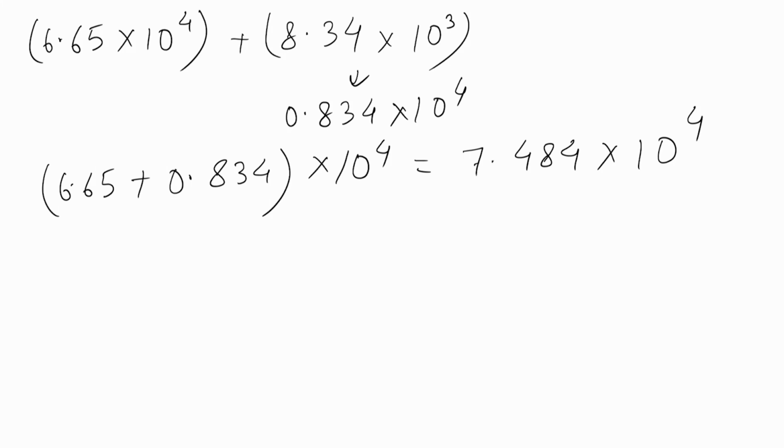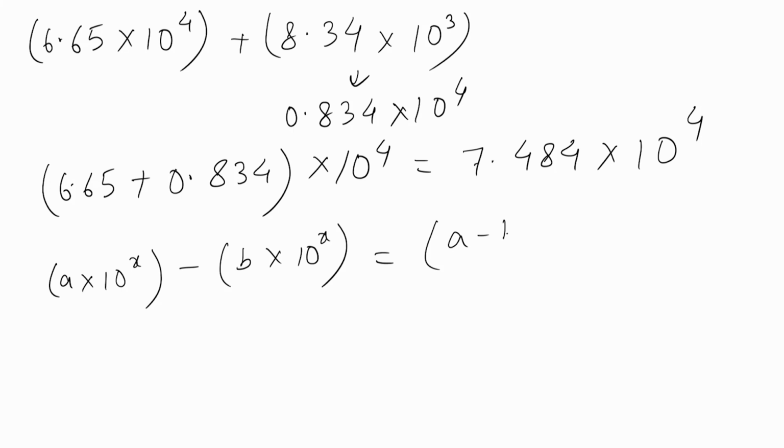Okay. Now we will see subtraction. Subtraction is also done in the very similar way. So if we have a into 10 to the power x minus b into 10 to the power x, then we can write it as a minus b into 10 to the power x.